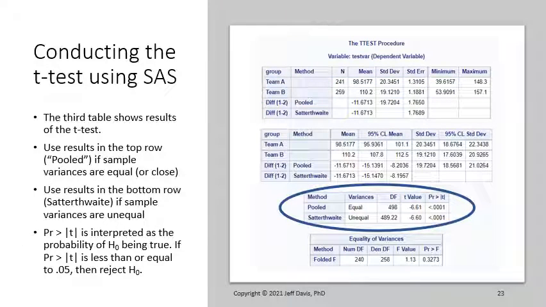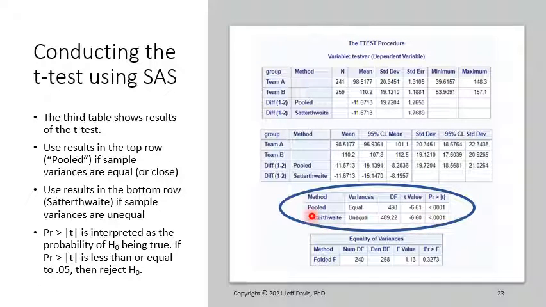And then we go to the third table, and this gives us all the information for the results of the t-test, the results of the comparison. If our groups have equal variances, we can use the top row. If they have substantially different variances, we want to use the bottom row.